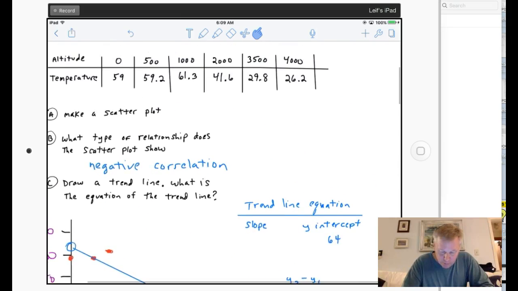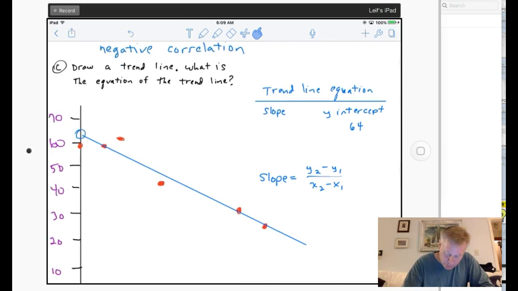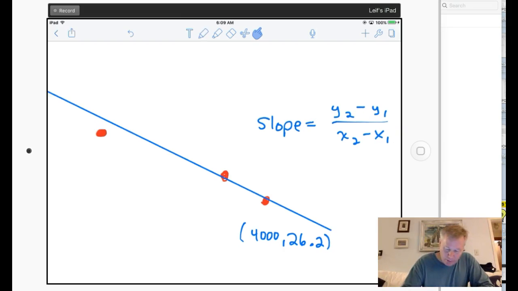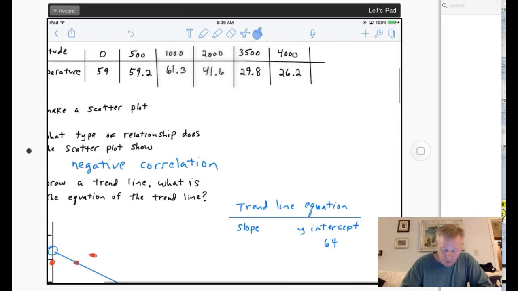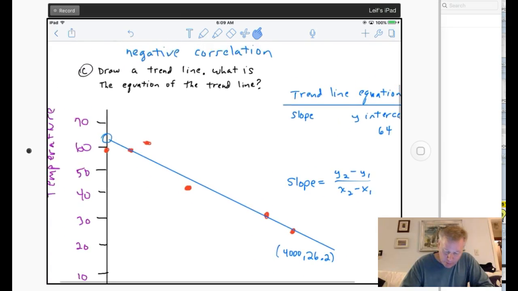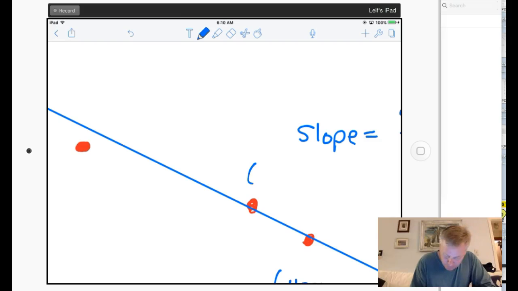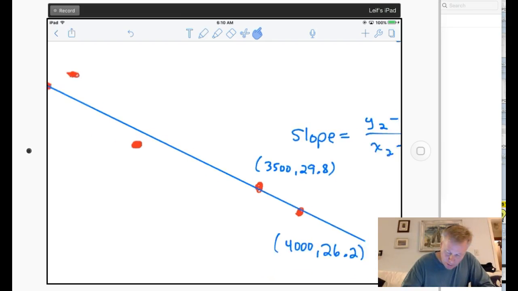So the 4,000 point was 4,026.2. And this point right next to it is the 3,500 point, which is 3,529.8. And there I have my 2 points.